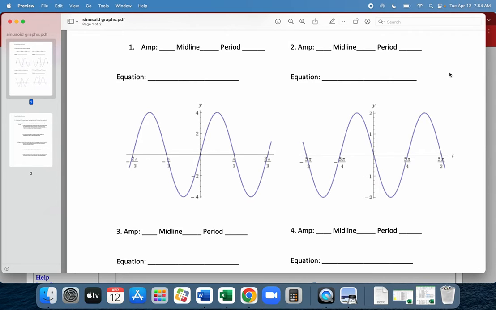I'm going to write 5 pi over 2. I don't have to write 5 pi over 2 over 1. But if I solve this proportion for b, I'm going to know what number to stick in either of those two spots. If I had 5 pi over 2 as the period of a sine or cosine function, I can solve this equation for b to figure out what that coefficient is supposed to be.